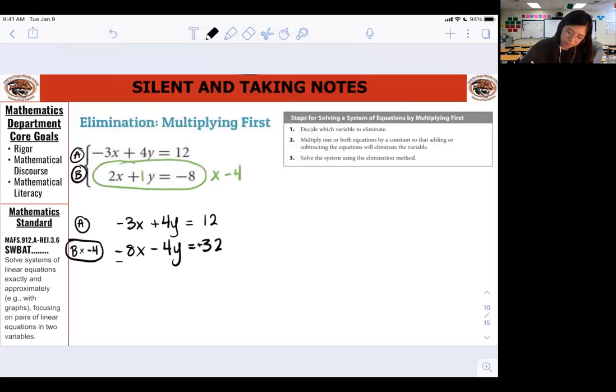Okay. And remember, like I said, we're just going to take things straight down the line. So in the first column with my x's, am I going to be adding 8x or subtracting 8x?